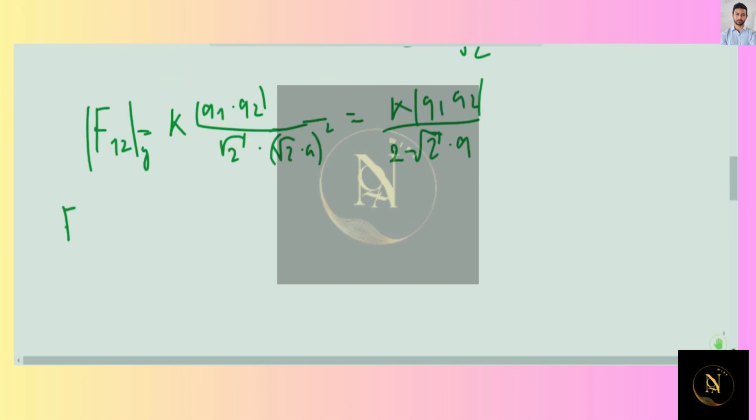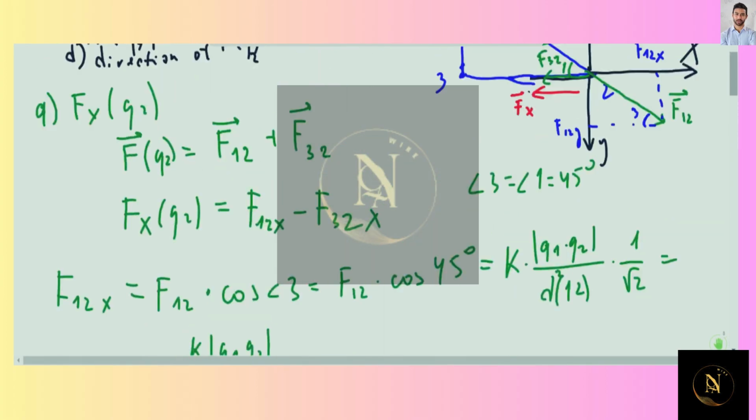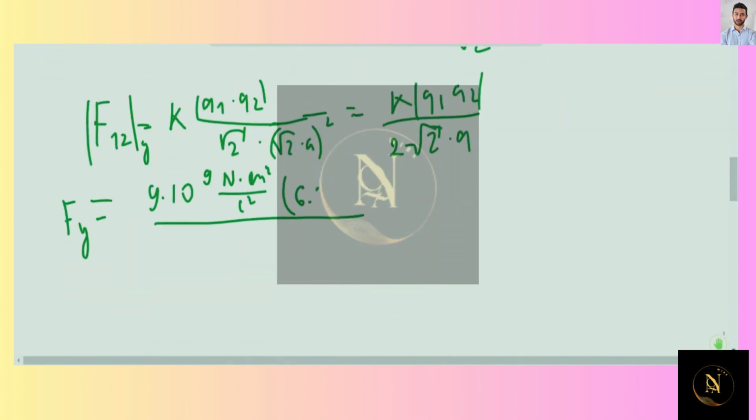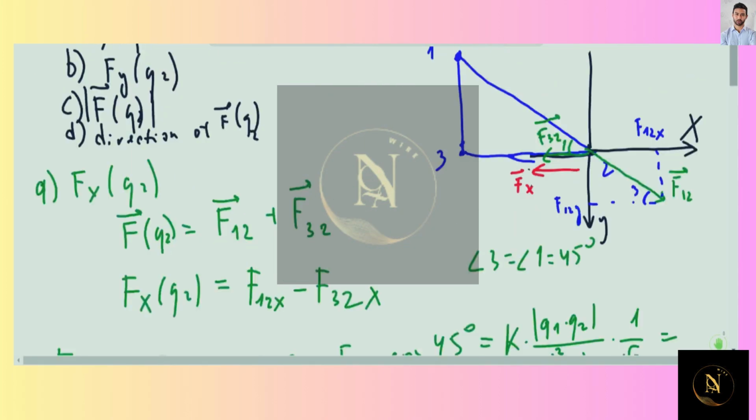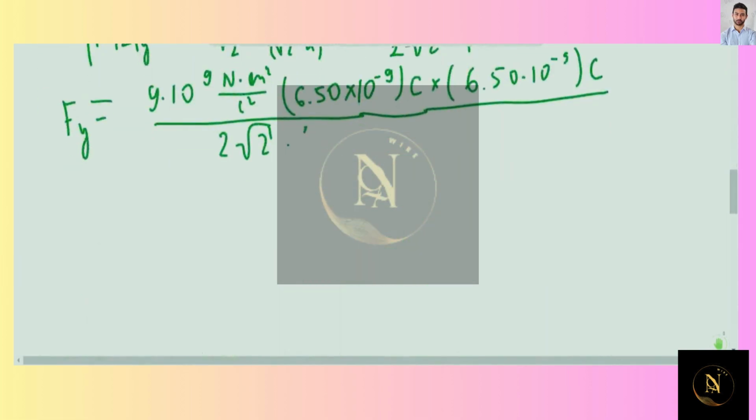So now let's do this calculation. Y component of the force equals 9 multiplied by 10 to the power 9 newtons meter squared per coulomb squared, multiplied by 6.50 multiplied by 10 to the power minus 9 coulombs, multiplied by the same charge, and divided by 2 square roots of 2 multiplied by, basically, 5 millimeters.